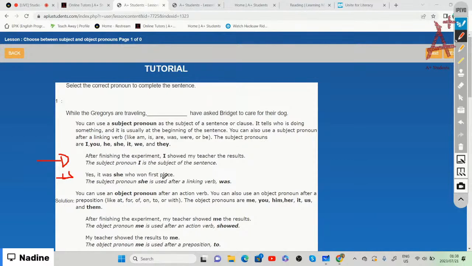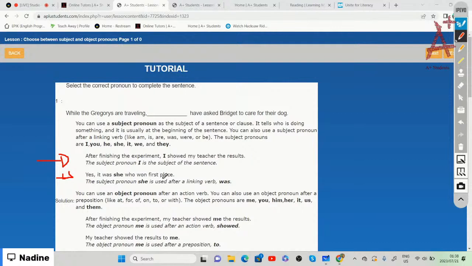So the linking verb is was, and the subject pronoun that comes after the linking verb is she. So the subject pronoun she is used after the linking verb, which is was, right? So it was she who won first place.